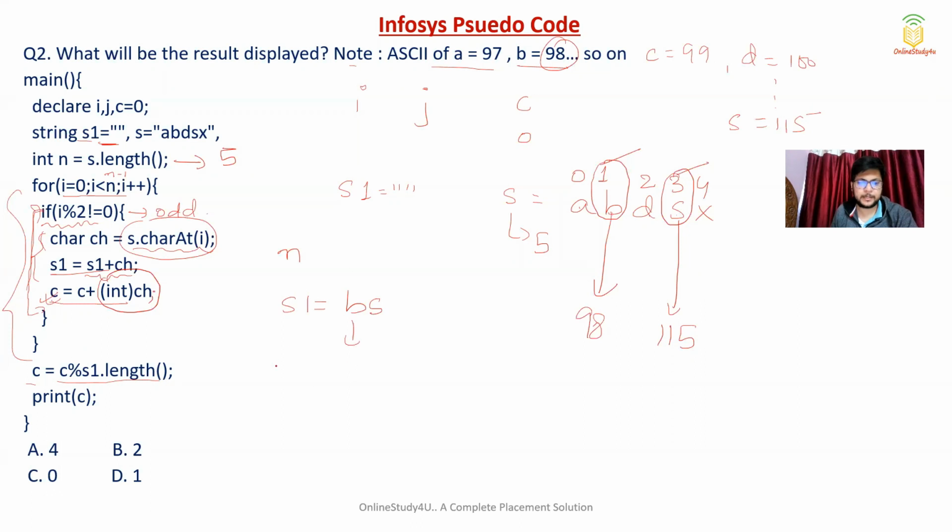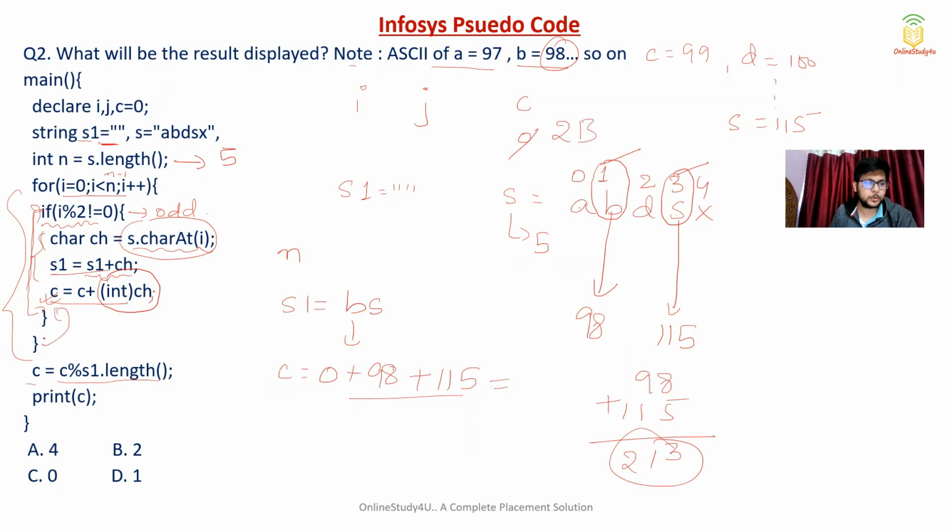For B, it will be 0 plus 98, and for S, it will be 115. 98 plus 115 is 213. So my C stores 213.